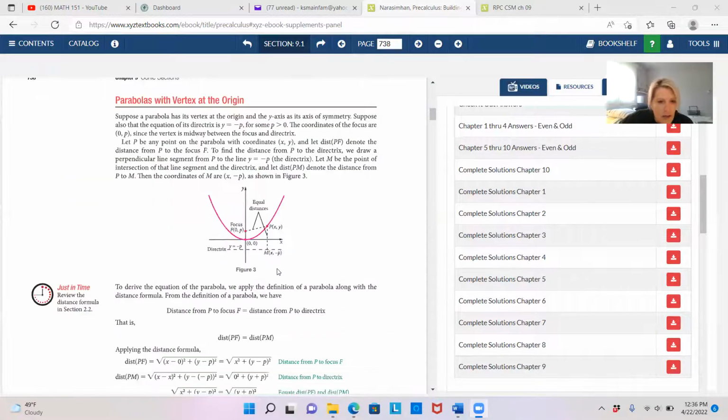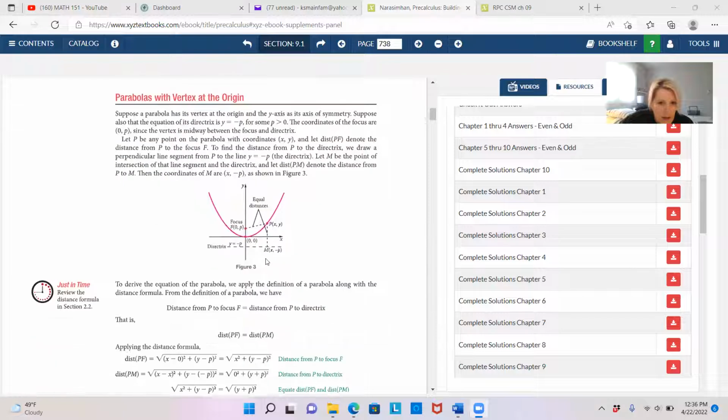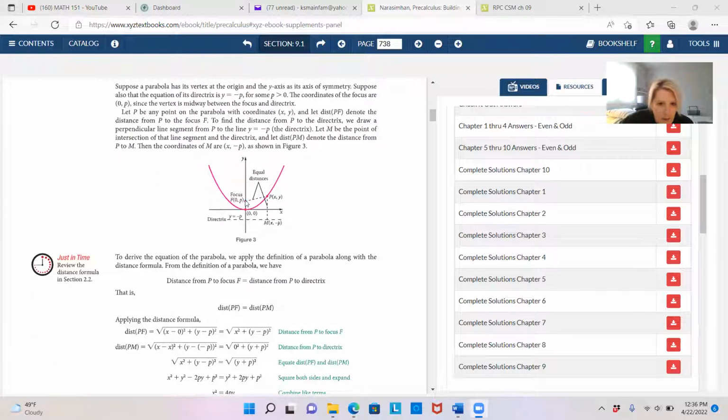Okay, so the idea of a parabola is that we have a point, the focus point (0, p), and that is on this axis that is vertical and makes a perpendicular to the directrix, which is this line down here, y equals negative p.